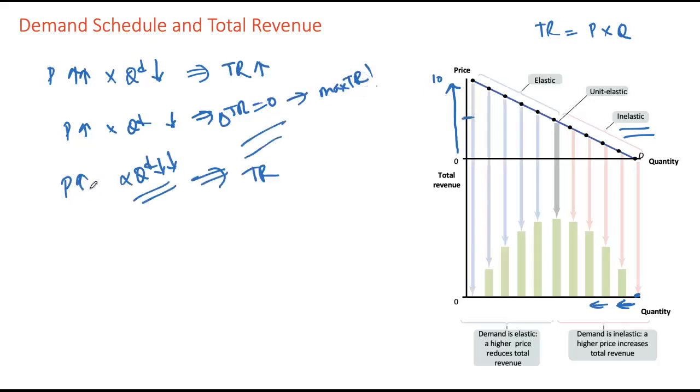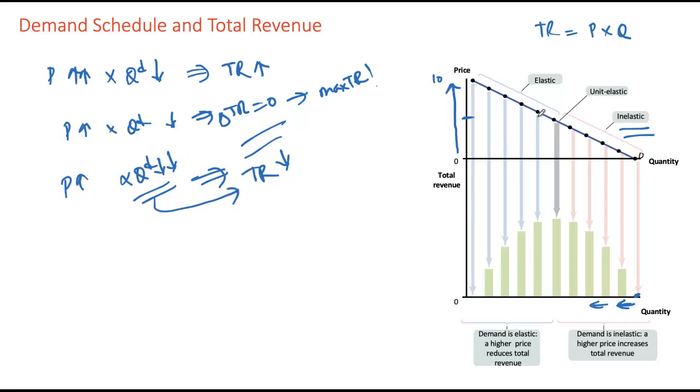As we push the price further up beyond the unit elastic point, price is going up, quantity demanded is falling, responding to this higher price. But now we're in the elastic segment. So quantity demanded is falling by more than the increase in price. So quantity effect is the dominant one. And this is now causing your revenue to decrease. So revenue was initially increasing, reached a maximum, and now in the elastic segment, as price is rising, revenue is decreasing, because whatever happens to quantity demanded, the same is happening to total revenue.